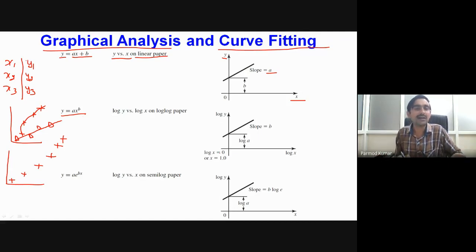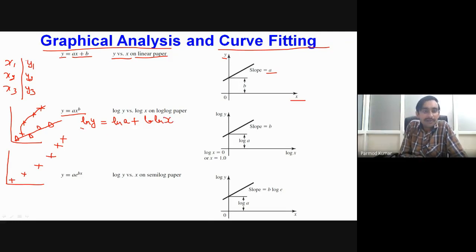So what we do is take the log on both sides, and we have ln of y equals ln of a plus b times ln of x.